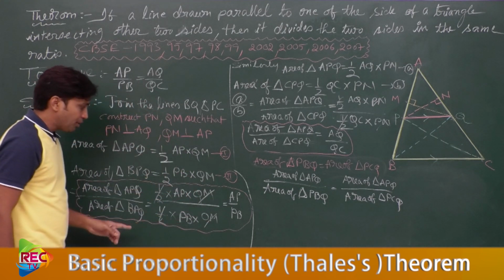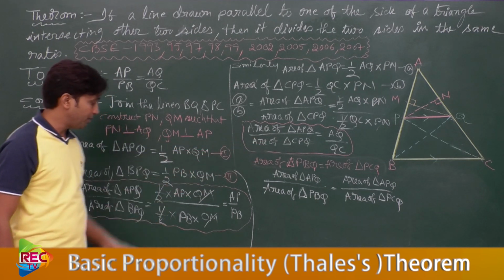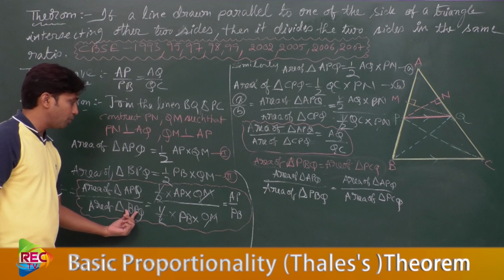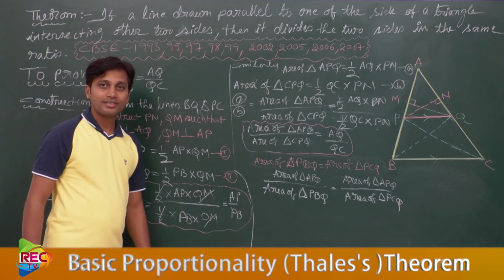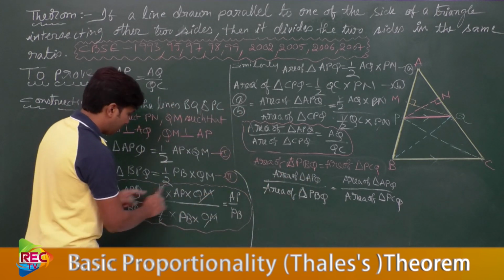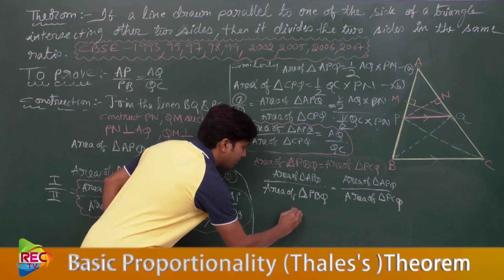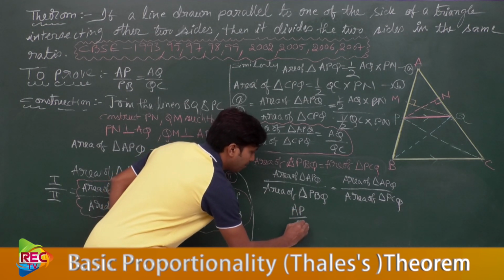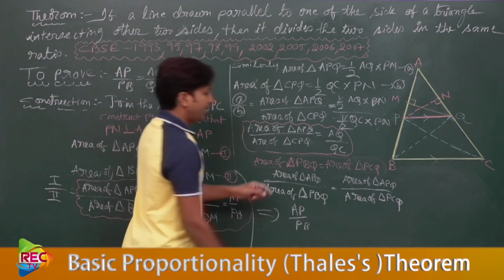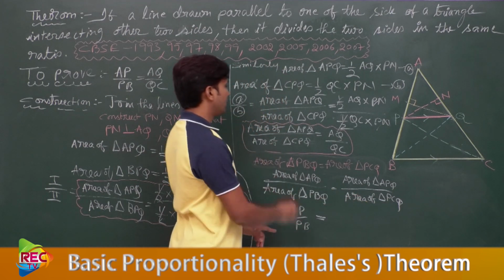Okay, now we obtained this condition. Now coming to the previous conditions which we obtained in the boxes. What did we obtain here? Area of APQ by area of BPQ equal to what? AP by PB or not? Yes. So this value equal to AP by PB. Equal to. Now area of APQ by PCQ. See this?